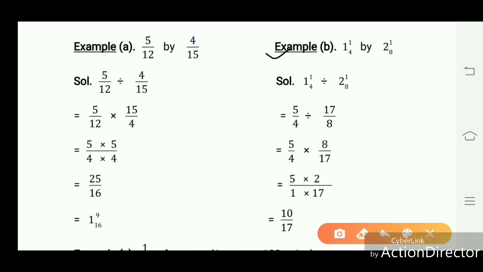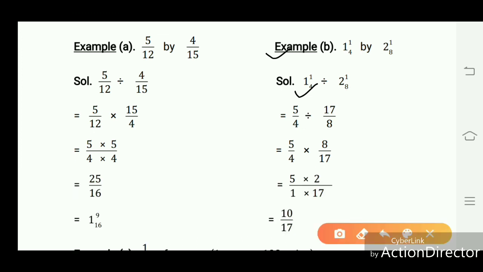Example B, 1 whole 1 upon 4 divided by 2 whole 1 upon 8. In these mixed fractions, we change the mixed fractions into improper fractions. So 1 whole 1 upon 4 changes into 5 upon 4, and 2 whole 1 upon 8 changes into 17 upon 8.